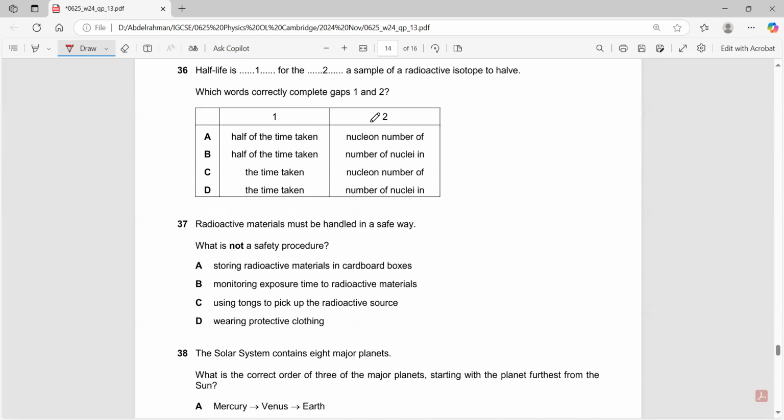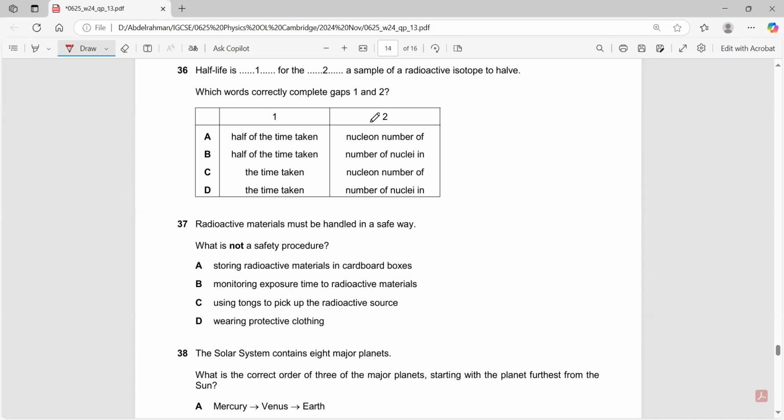Half-life is the something for a sample of radioactive isotope to halve. Which words correctly complete gaps 1 and 2? Half-life is what? Is it the time taken or half of the time taken? It is the time taken. Yes, it is the time taken for the nuclear number or the number of nuclei.